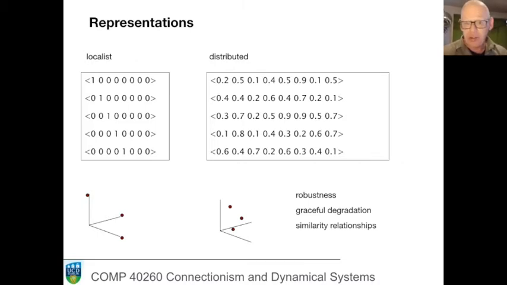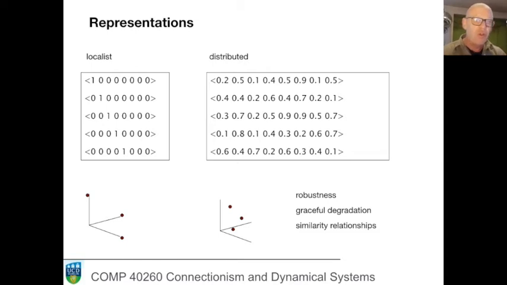In the extreme case, we have a bunch of mutually exclusive patterns, shown here as localist encoding, where we have 8 input units, and each pattern has only one bit on, and so these 8 patterns will stand for 8 things in the world. That's one way of establishing a correspondence between elements in our modeling vocabulary and elements in the world.